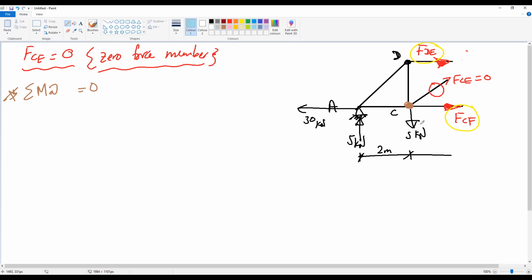The 5 kilonewton here passes through C, no moment. FCF passes through C, no moment. 30 kilonewton passes through C, no moment. So the only forces that have moment at C are FDE and this 5 kilonewton. So we apply summation of moment at C equal to 0.